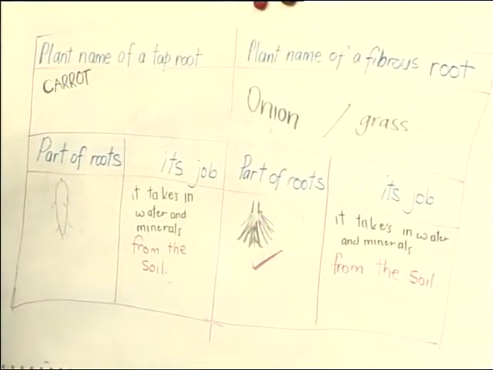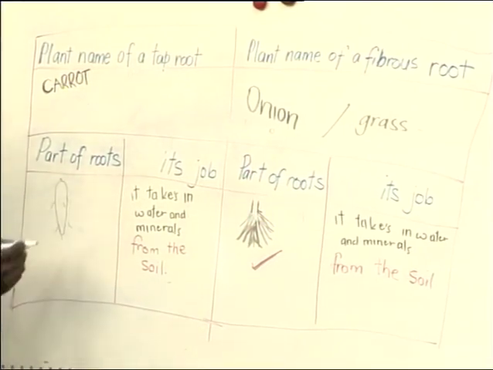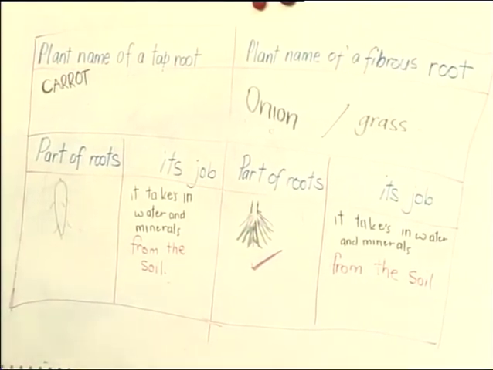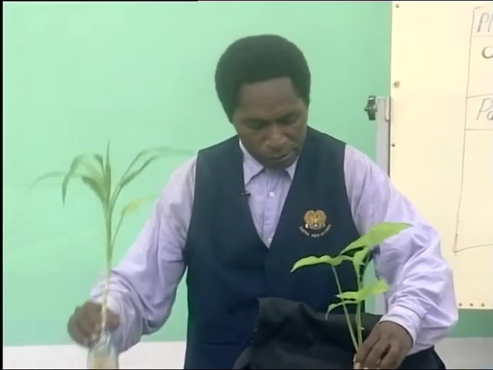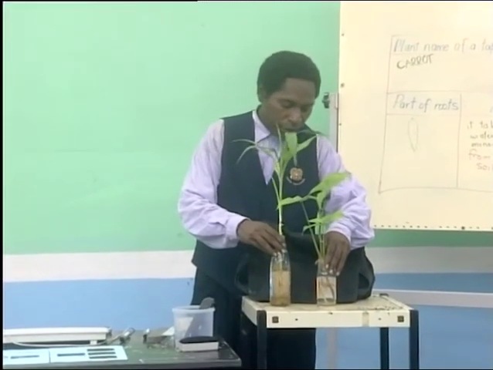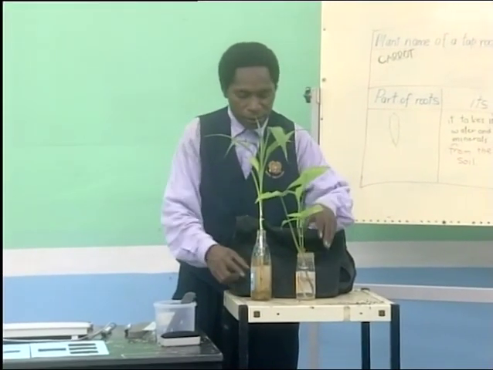You may have other parts of it. Back here, if you drew a taproot, it has a main root. Okay, so this is an example of a taproot. It has the main one, and then it has other roots there. Whilst this is an example of a fibrous root.